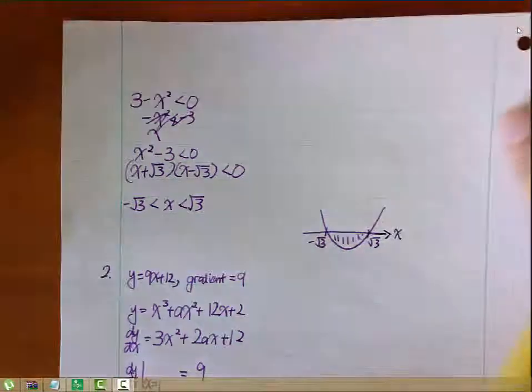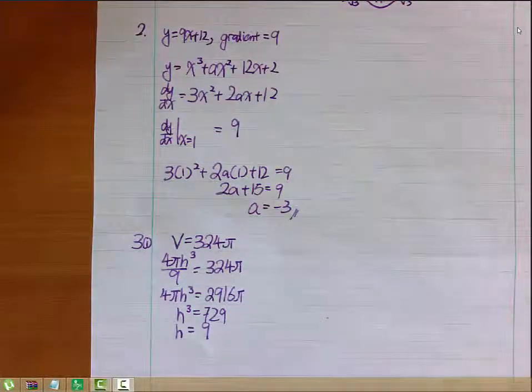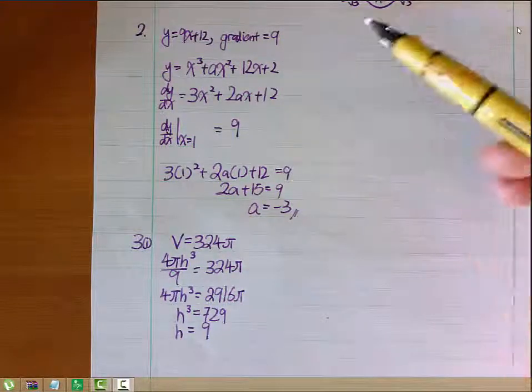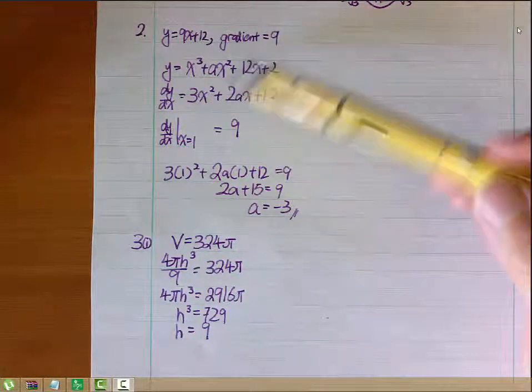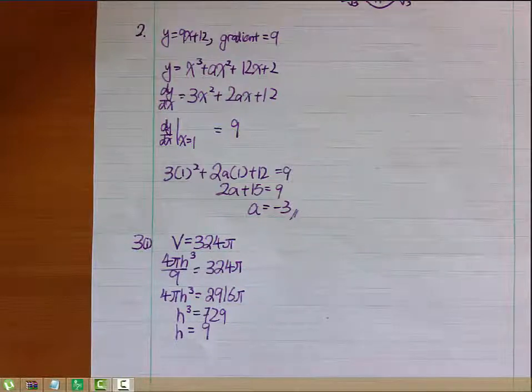I move on to question 2. For question 2, first we have a line, y equals 9x plus 12. I can say that the gradient is 9. We have a curve here. I differentiated: 3x squared plus 2ax plus 12. The question tells us that the tangent to the curve at x equals 1 is parallel to the line.